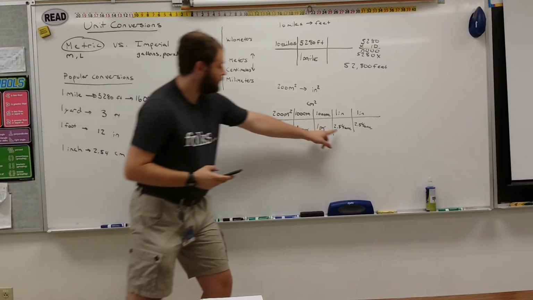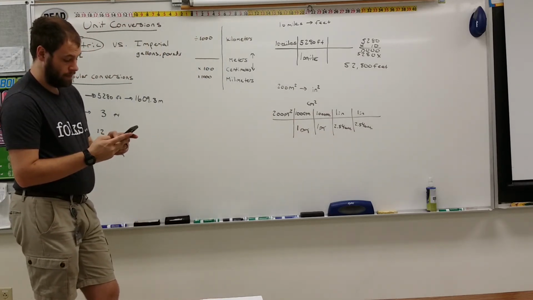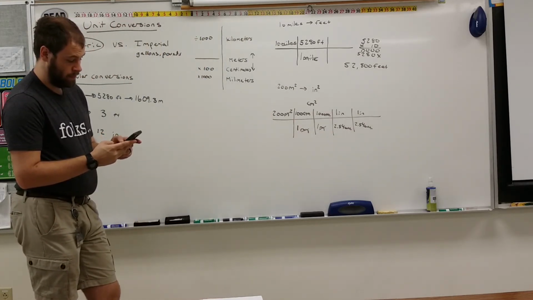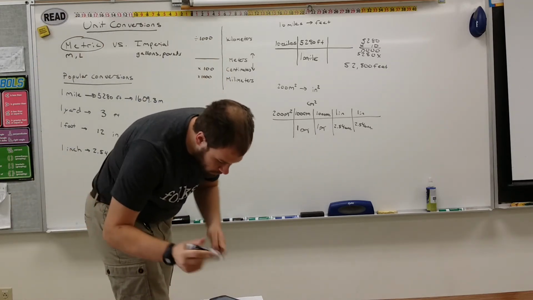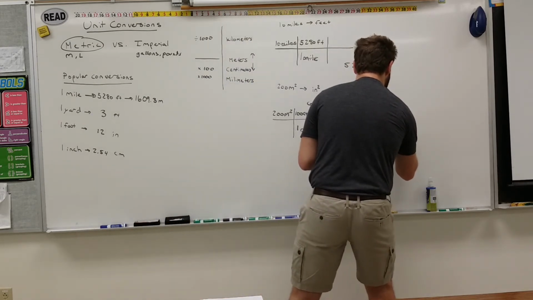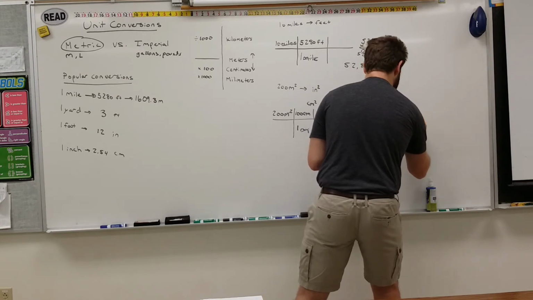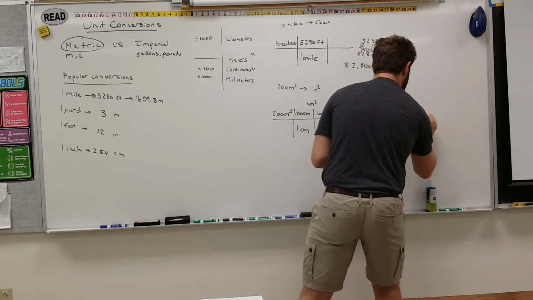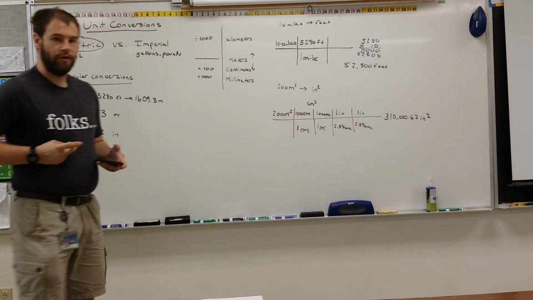And then because 2.54 is on the bottom, we are going to divide that number twice. And I get a big number, 310,000.62 inches squared. So that's how you do conversions.